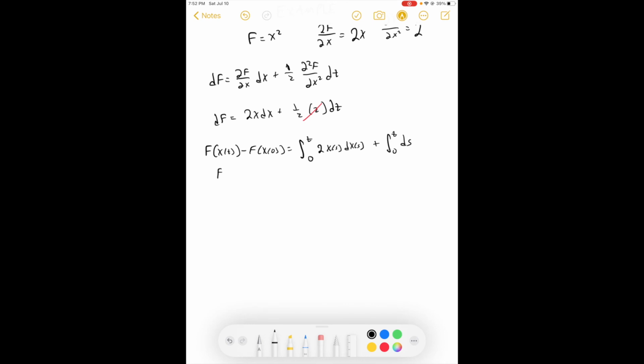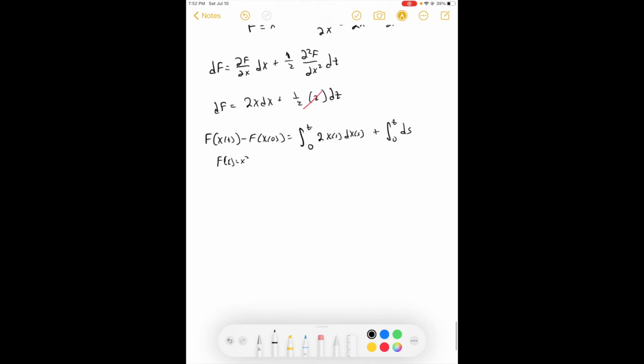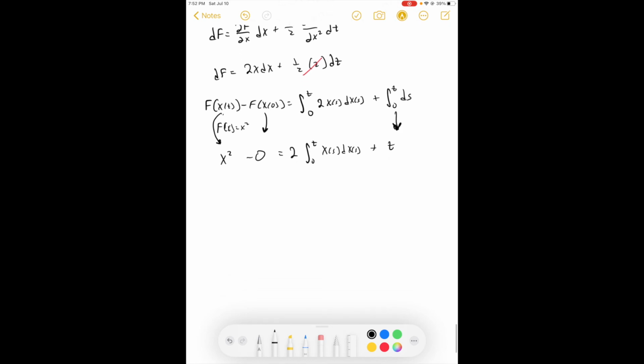Now we know that f of x is equal to x squared. So here we just have x squared, and here we have 0. And here we can factor this to the front, 0 to t of x of s dx of s, plus we can do this integral actually, and we know we're just going to get t.